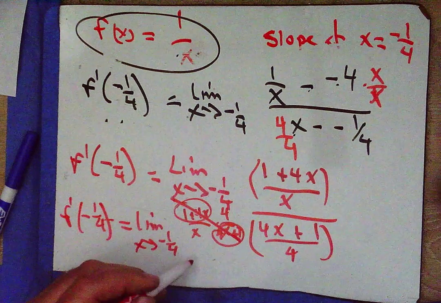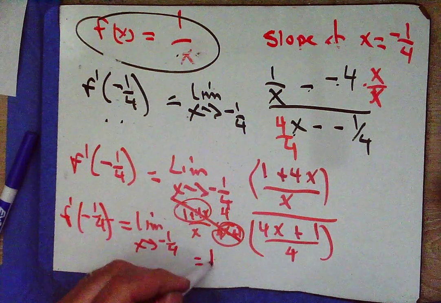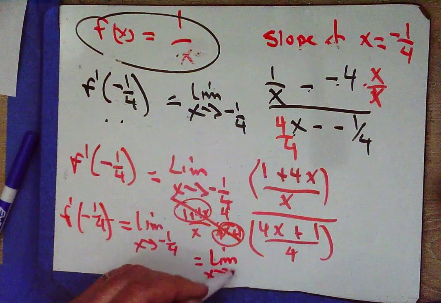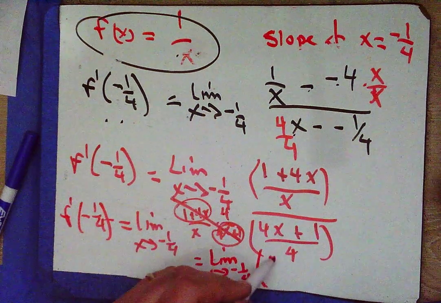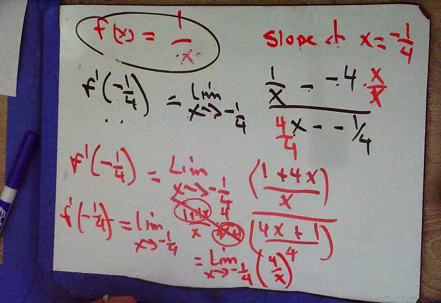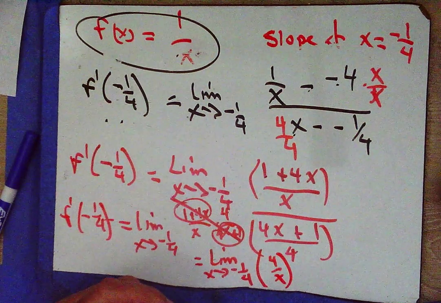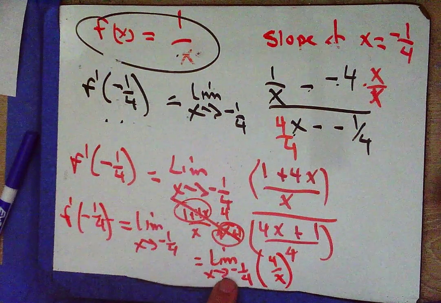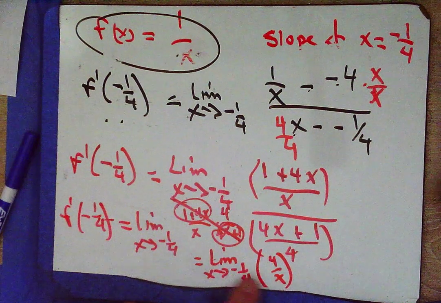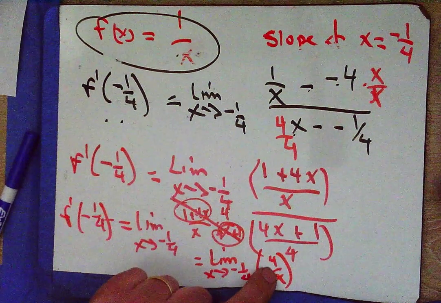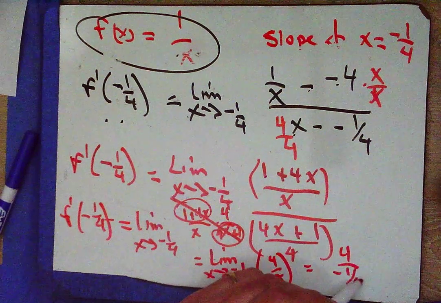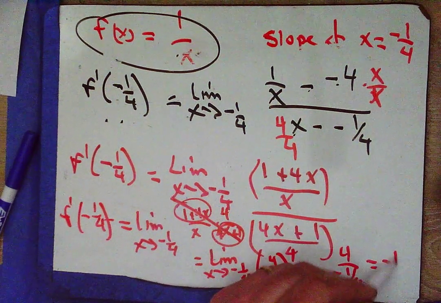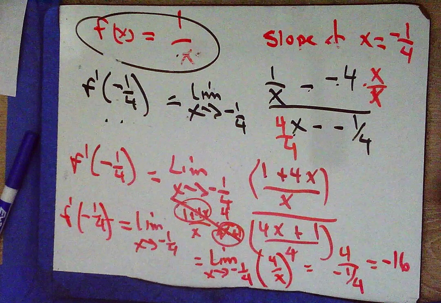So this then brings me to the limit, as x heads to negative 1/4, of 4 on top, x on the bottom. All right. Now, what am I supposed to do? Well, x is supposed to approach negative 1/4. So I'm supposed to put a negative 1/4 in that x. So I'm going to have 4 over negative 1/4. When I do my flip and multiply, I get negative 16.